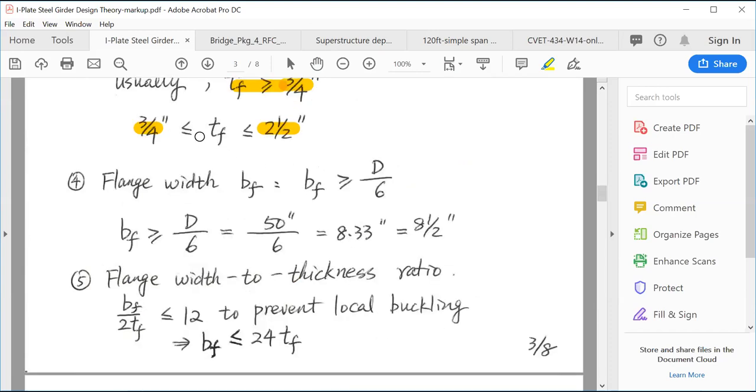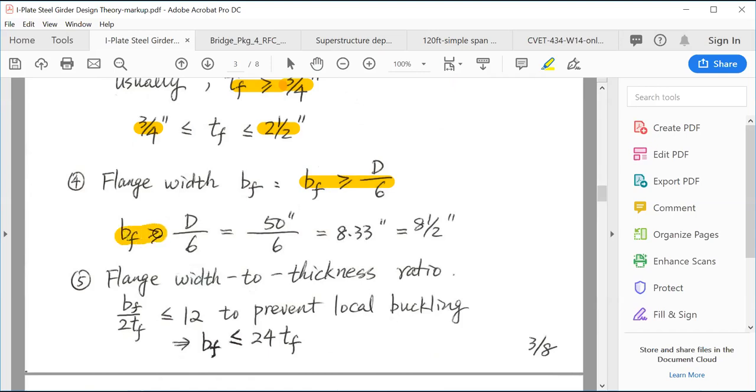After you get TF, we have to look at the flange width requirement, and flange width needs to be greater than the web depth over 6. Based on this requirement, we will get the minimum flange width.